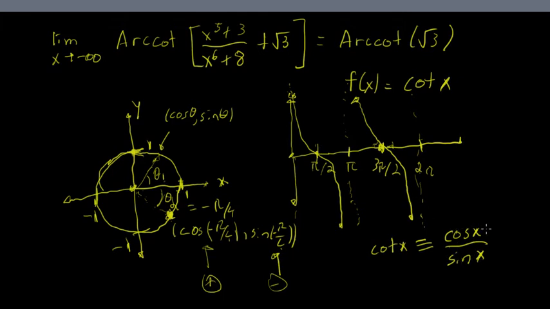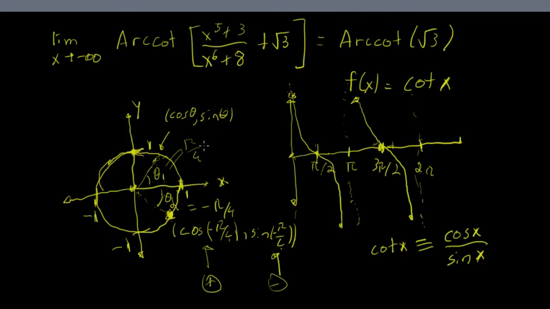So cosine is 0 and sine is 1, so 0 over 1 is 0. At pi over 4, 45 degrees though, it looks like the x and y coordinates are about equal, and they are. Let's say theta 1 is pi over 4.